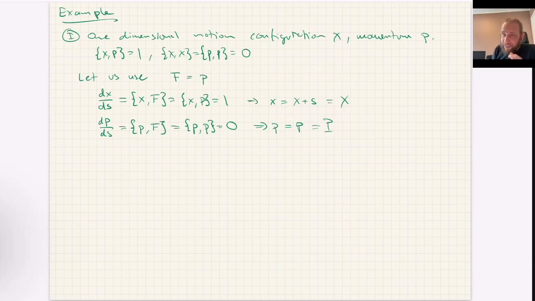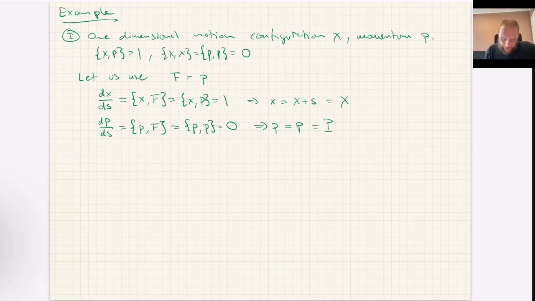We can do exactly the same thing if we put f equal to x. Then by the same math we will get translations in p. So here we just say that the function f equal to p is the generator of translations in x, and those are canonical transformations.